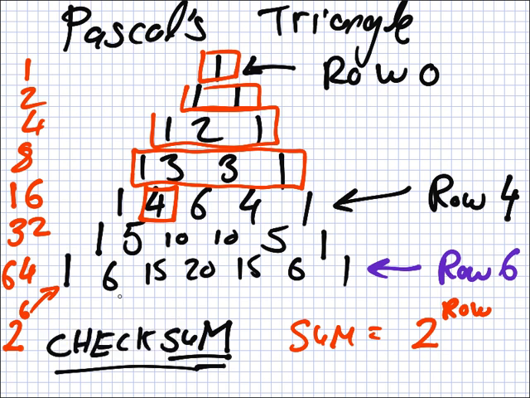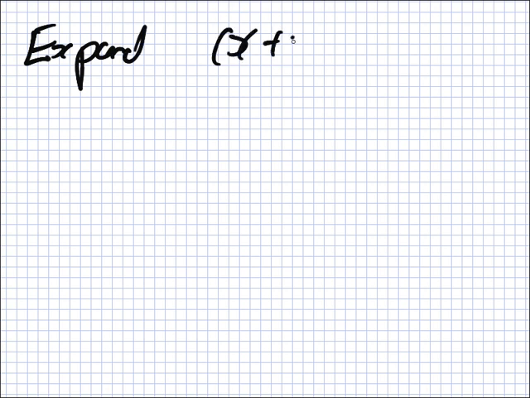So what's great about Pascal's triangle is it lets you expand quickly. So for example, suppose I ask you to expand (x + y) to the power 4. Okay, so watch the steps. First step, you go to row 4 on the triangle.